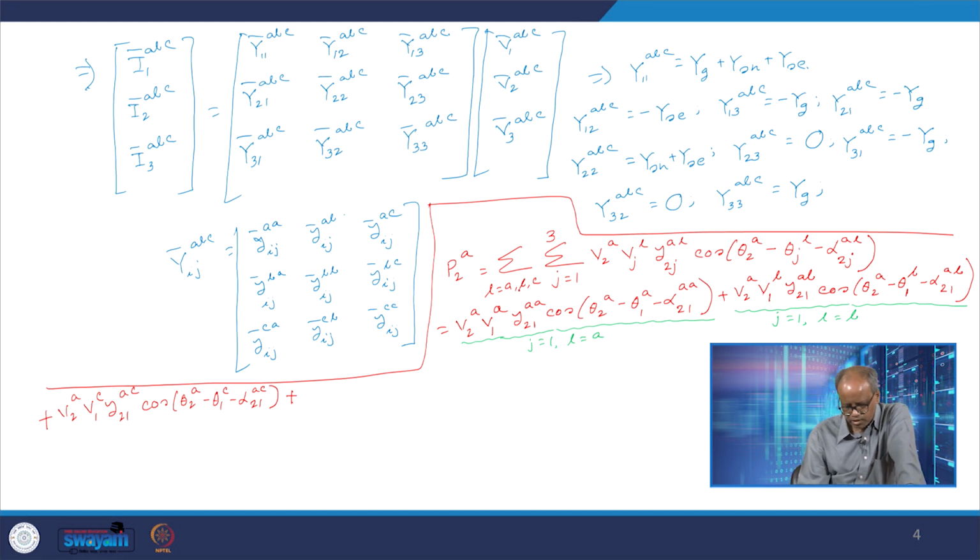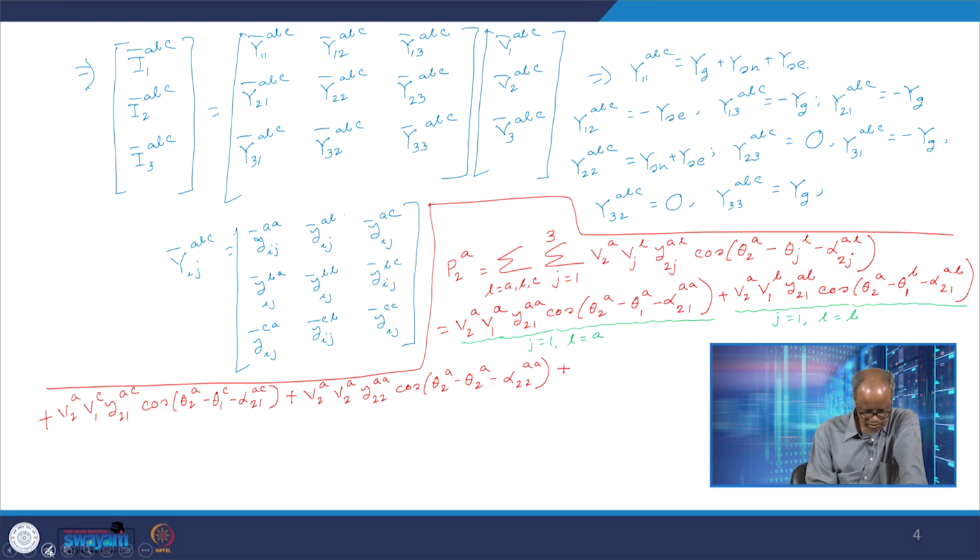Then I put j is equal to 2, L is equal to A. So V2A, then V2A, j is equal to 2, L is equal to A. Y22AA cosine theta 2A minus theta 2A minus alpha 22AA, right?